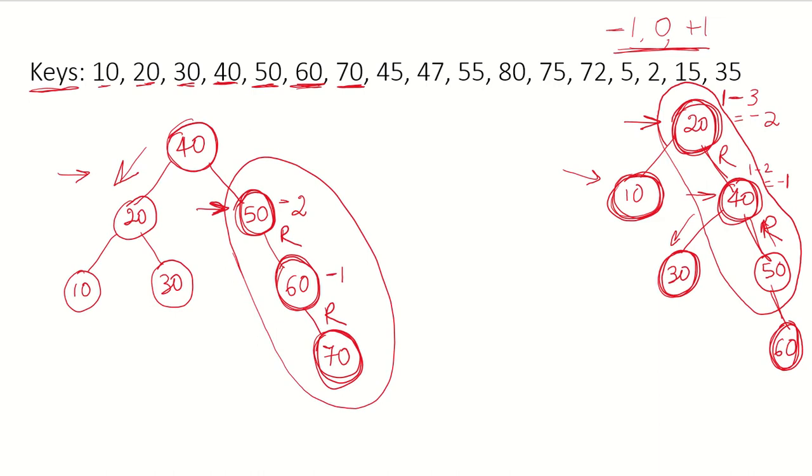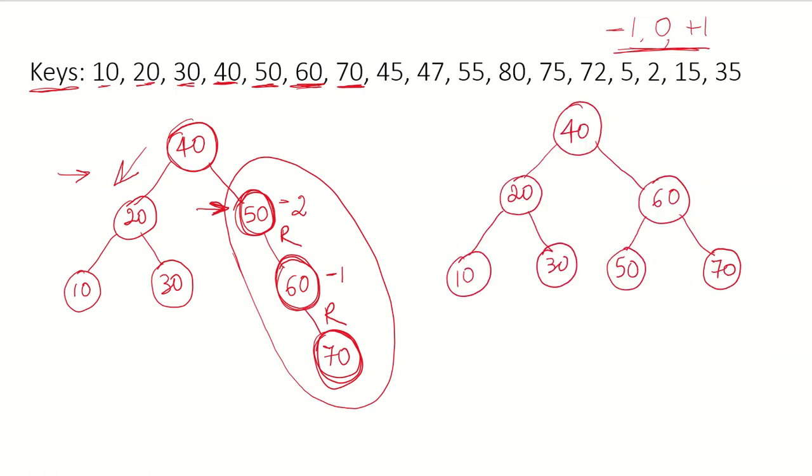So what will be the structure of the AVL tree after rebalancing of these 3 nodes is done? The RR rotation of these 3 nodes will result in this structure. 60 has been moved up and 50 has been pulled down because we were rotating around this node. So 50 has moved down and 70 has come as the right child of this node 60.